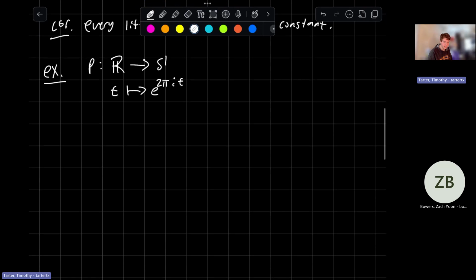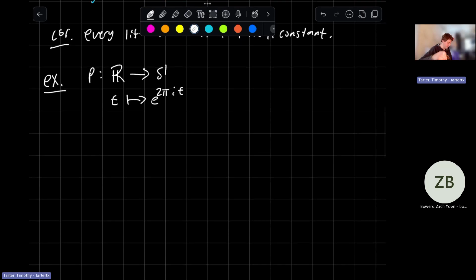And basically, if we consider just one loop, one loop on S1 is t in the unit interval.